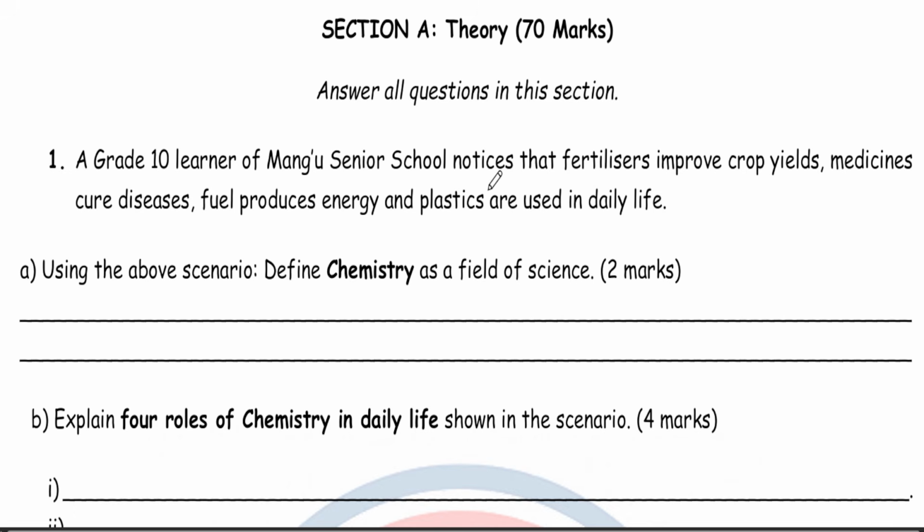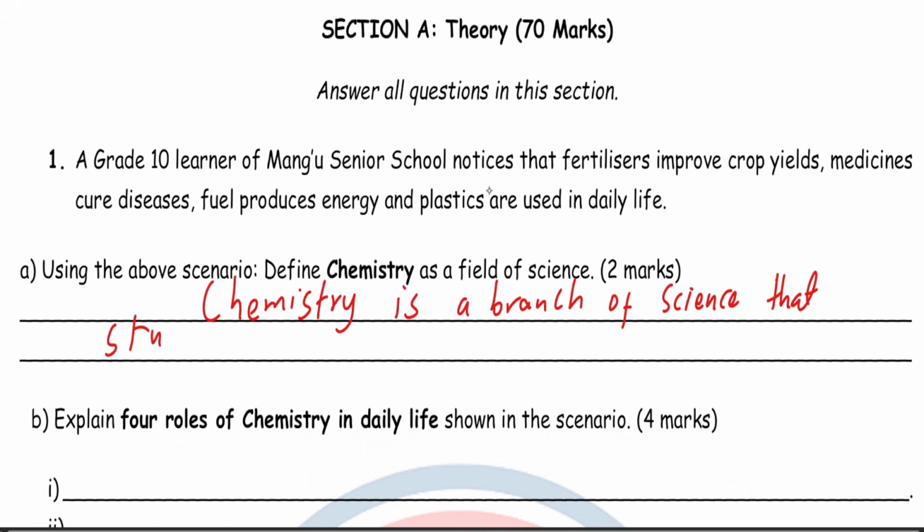What is chemistry? Tamam. Now, to me, chemistry is a branch of science because science has a lot of branches. Also physics is a branch of science, biology is also a branch of science, that studies matter.